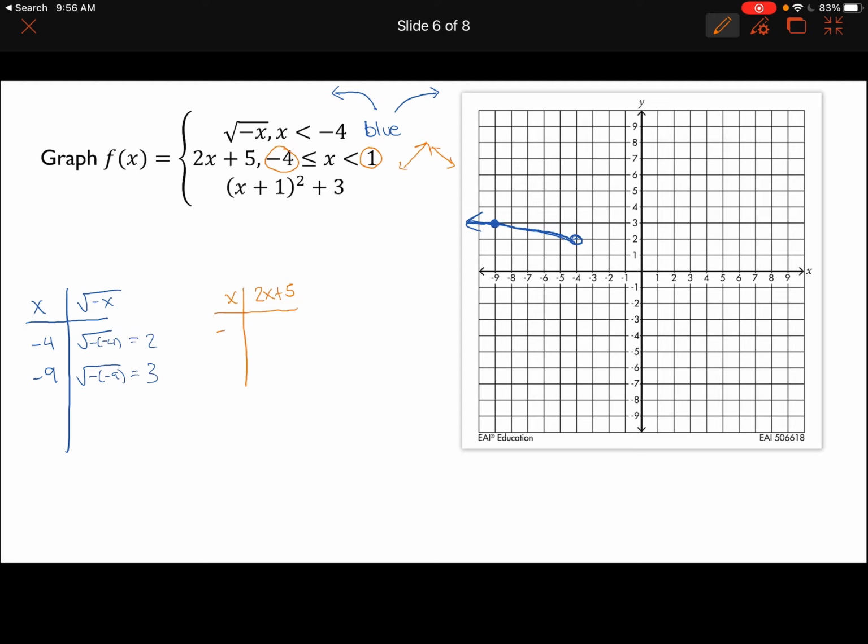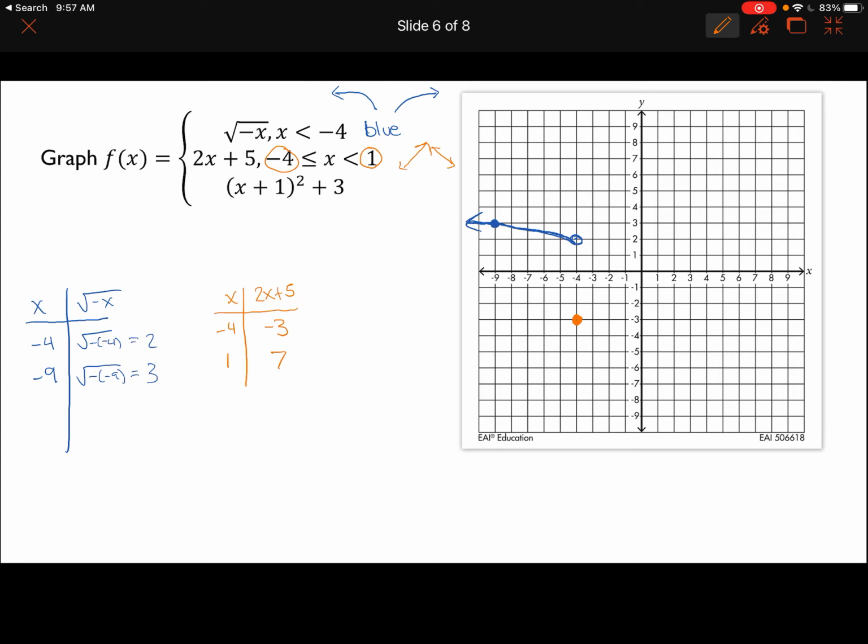So when x is -4, 2 times -4 is -8, plus 5 is -3. And then when x is 1, 2 times 1 is 2, plus 5 is going to be 7. So we have the point -4, -3, and that's going to be down here with a filled in circle.